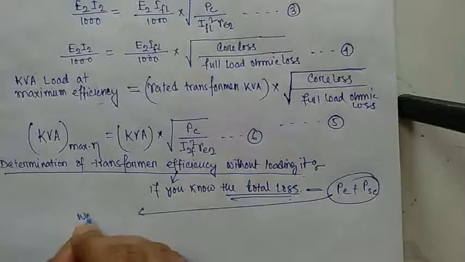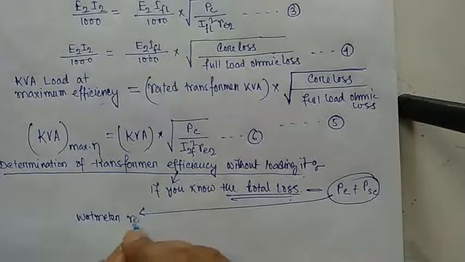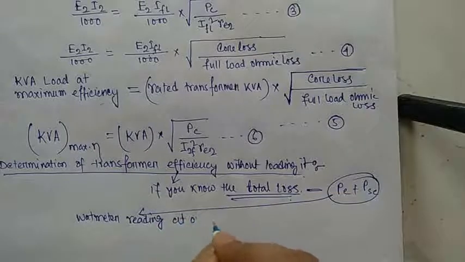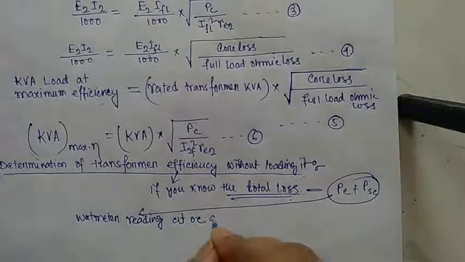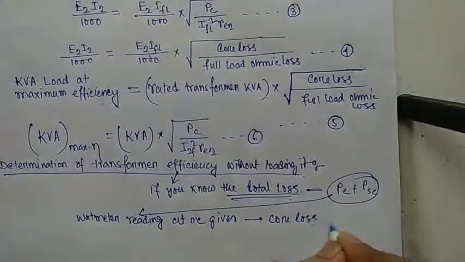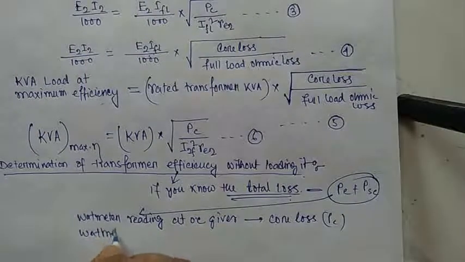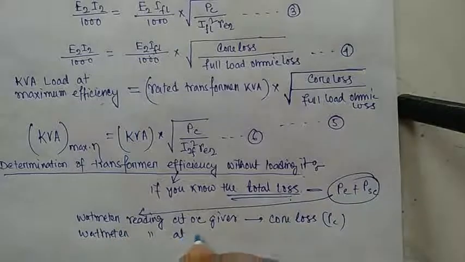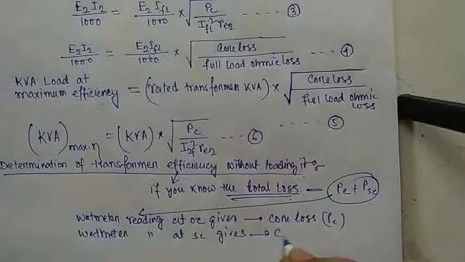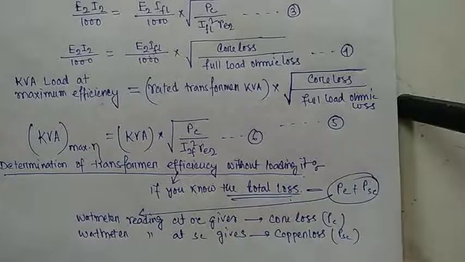That means the wattmeter reading at the open circuit test gives the core loss, that is PC, and the wattmeter reading at the short circuit test gives the copper loss, that is P of SC.